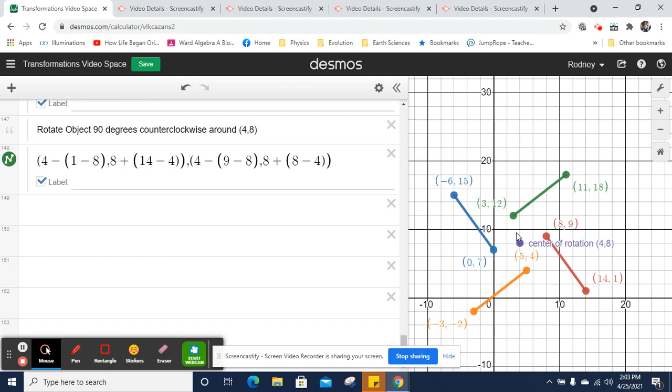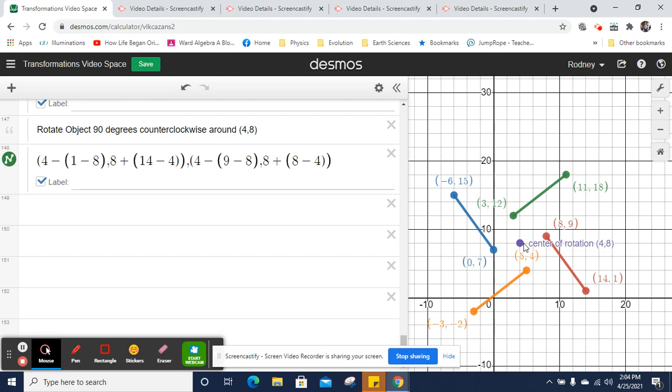So this point should be 1 to the left and 4 up. So from 4, 8 to 3, 12 is 1 to the left and 4 up. That's good. This point from 4, 8 to 11, 18 is 7 to the right. This is 7.